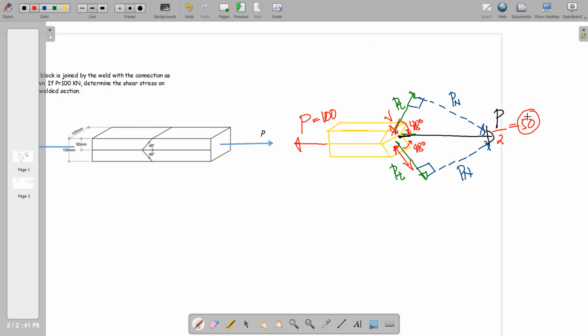So this 50 will be our basis in determining the tangential component of your P, which is 50 kilonewton.